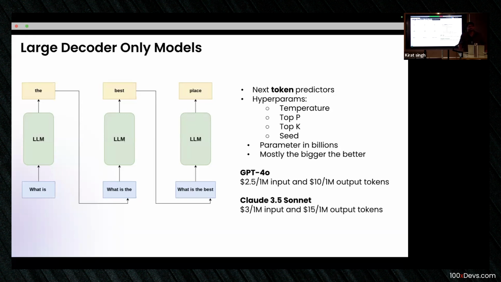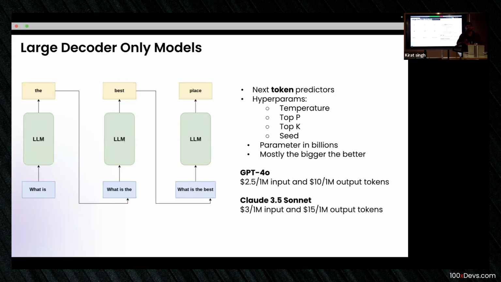Seed, does anyone know what seed is in ML? So yeah, randomness is something like, obviously nothing is truly random. So for randomness, you can also give certain values to change the random output.